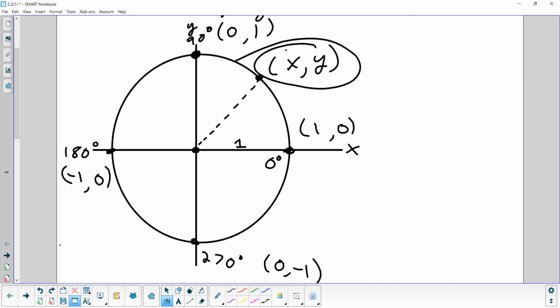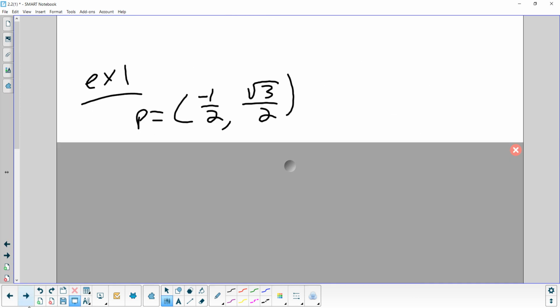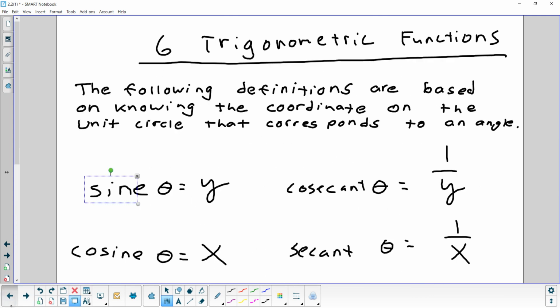How about Raymond? It's not at 180. It's -1, 0? So that point in that example said -1, 0? Oh, no. So let's look at it again.